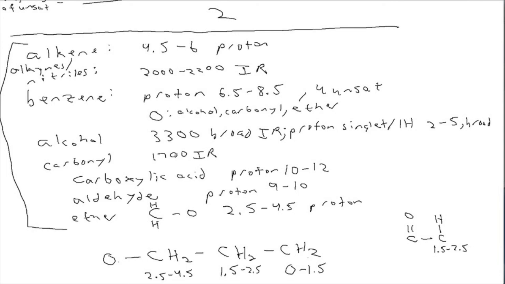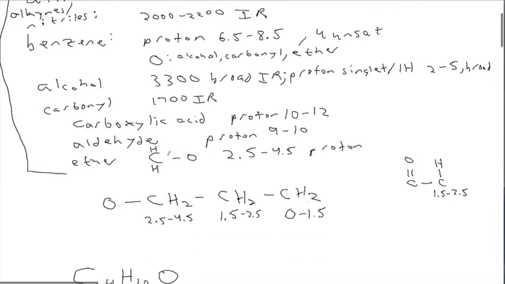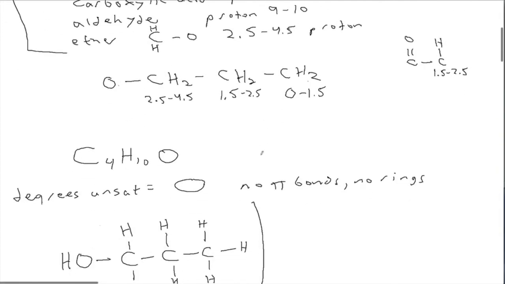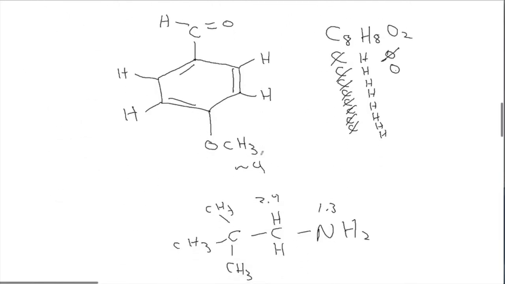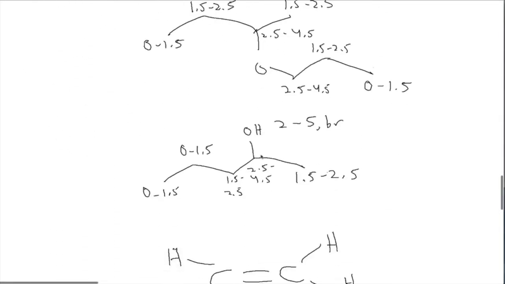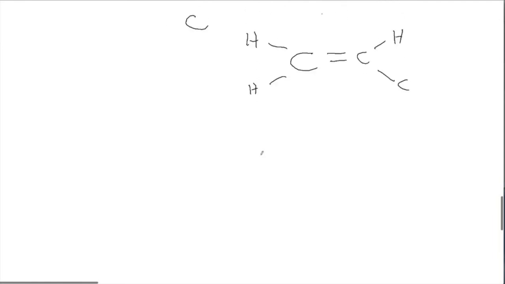And we saw that if you get a very detailed table like we saw, you can actually tell what type of carbonyl it is, whether it's an ester or an amide or whatever, if you have more information. Carboxylic acids are easy to detect because of this, aldehydes. We focus on this. Ethers are harder to detect, but you're usually going to have something that looks kind of like this. One thing that we focused on was figuring out the functional group and then working away from the functional group. We did a couple examples of that.